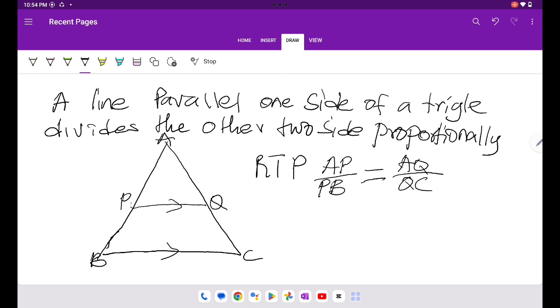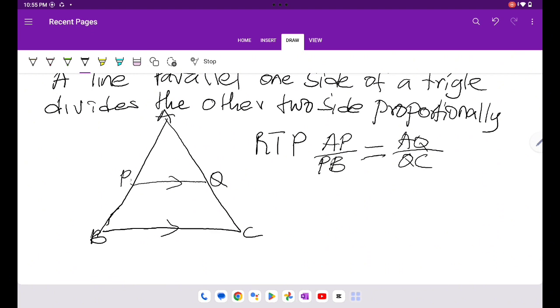As indicated before, we are going to be looking at the areas of triangles. For us to remember what we are going to do, we calculate the area of triangle APQ. The required-to-prove part must lead us in remembering this. So you see we have AP. We know the area is half base times height.